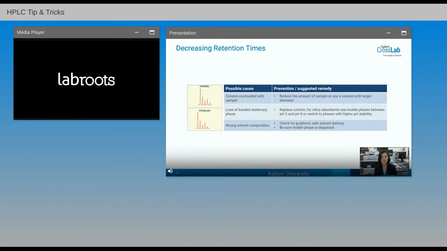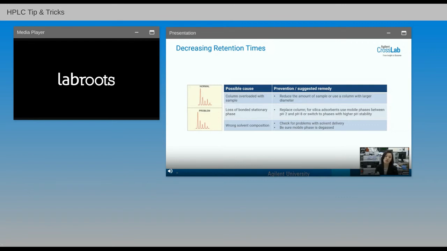Or maybe the column stationary phase starts to wear out, so there's a loss of retention of the compound and it gets eluted out earlier, because there's not much stationary phase surface in the column able to retain your compound.